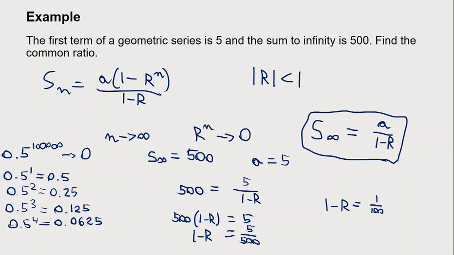I simplified this fraction by dividing by 5, and then rearranged to find that r is equal to 1 minus 1 over 100, and therefore r, the ratio, is 0.99. That was our ratio. If we start with value 5 and we have this ratio and we sum over an infinite number of terms, the total of those terms will be 500. So we use the formula just to find something out about the progression, how it progresses from term to term.